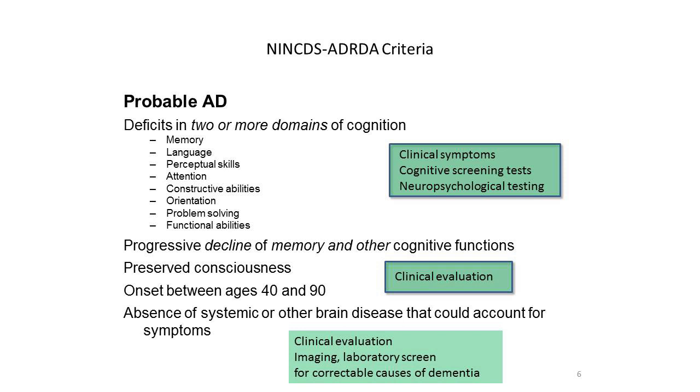And to screen for deficits in these domains, we can use clinical symptoms, cognitive screening tests, and neuropsychological testing. The more advanced the disease, the easier it is to find at least 2 domains and make the diagnosis of Alzheimer's disease. The real challenge comes to differentiate normal aging from mild cognitive impairment and then amnestic mild cognitive impairment from very early AD. And these all have different treatment approaches, so we really need to make that diagnosis.